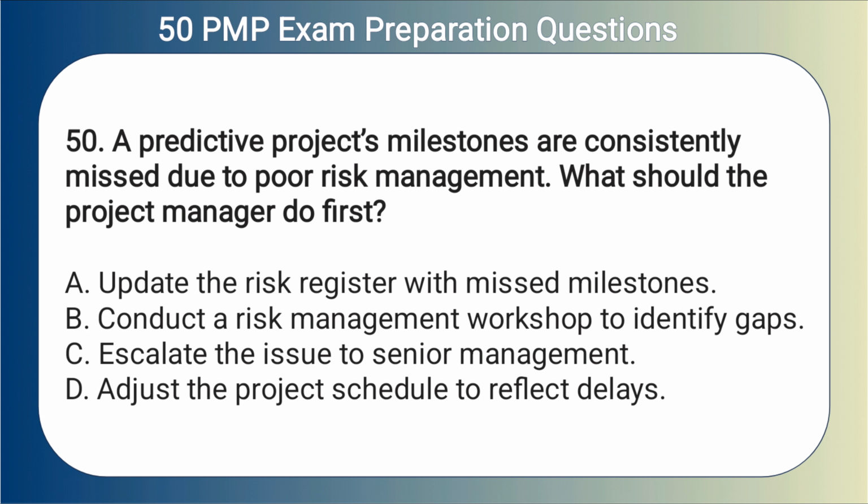50. A predictive project's milestones are consistently missed due to poor risk management. What should the project manager do first? A. Update the risk register with missed milestones. B. Conduct a risk management workshop to identify gaps. C. Escalate the issue to senior management.